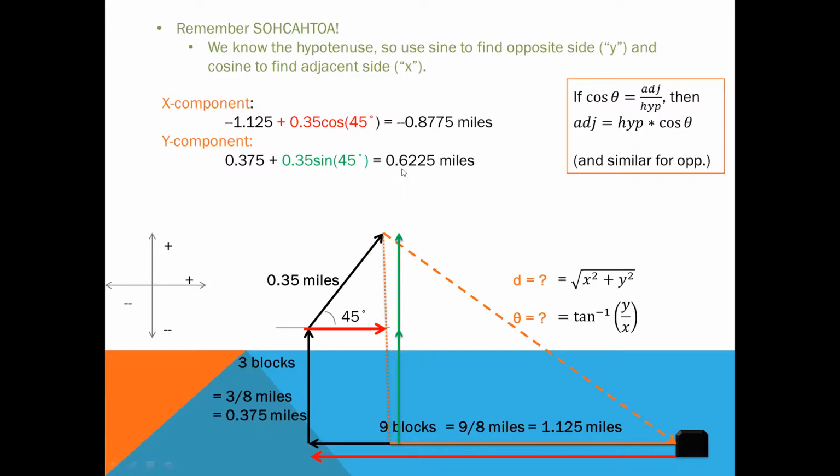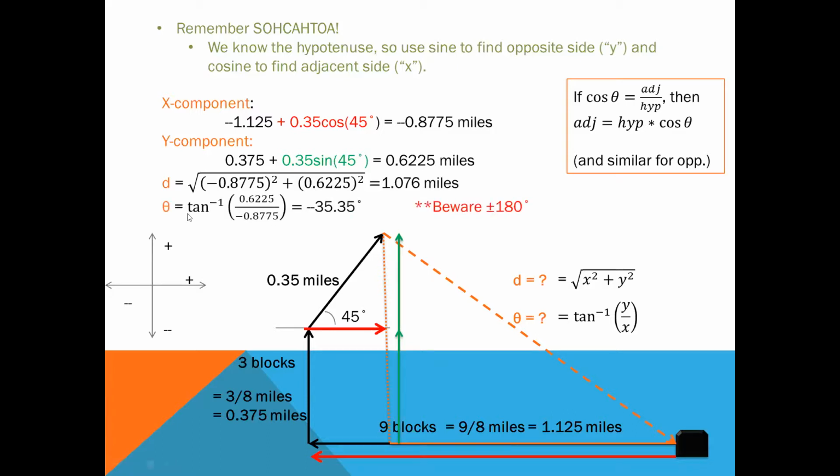And so that gives us 0.6225 miles. So now we have our final x component and our final y component. Now we can find the magnitude or the distance that he traveled. So we take our components and square them, add them together, and then take the square root. So that means he's 1.076 miles away from home.